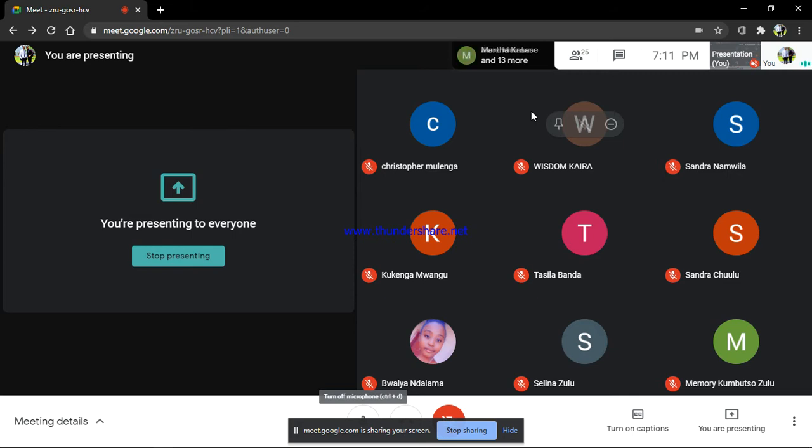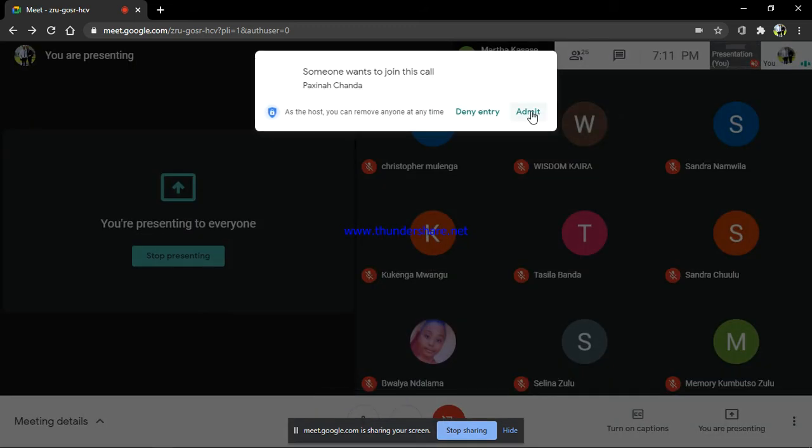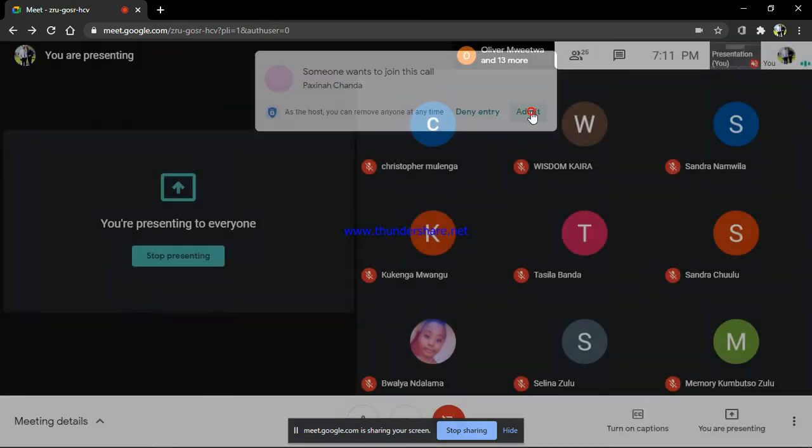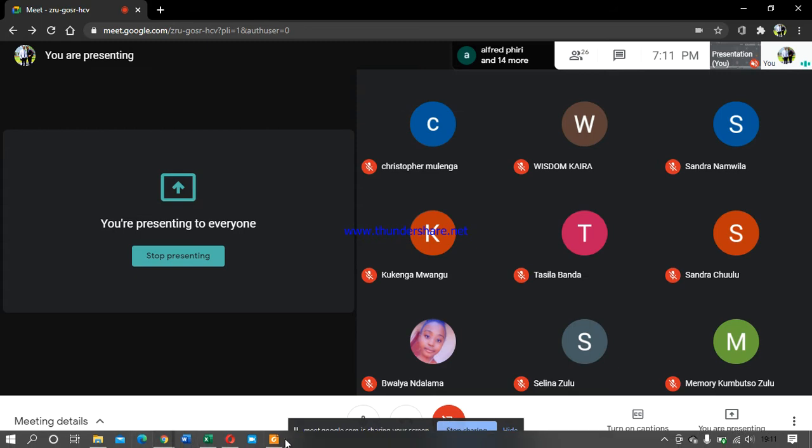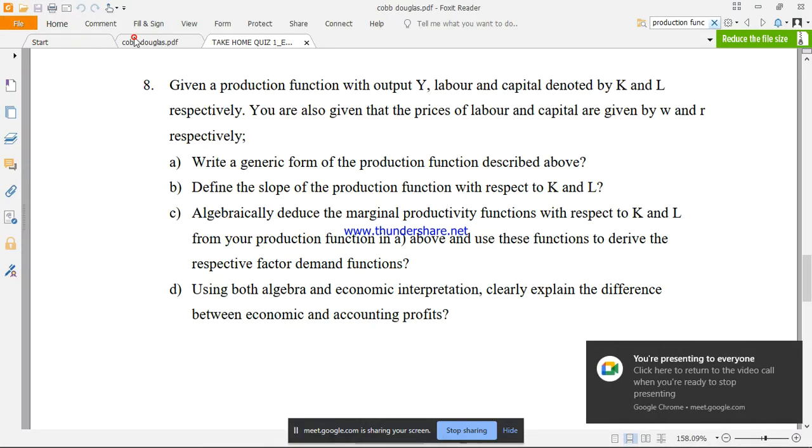And I believe we know what factors of production are. In this case, we only have two: capital and labor. So basically that's what we're going to be looking at in today's discussion.